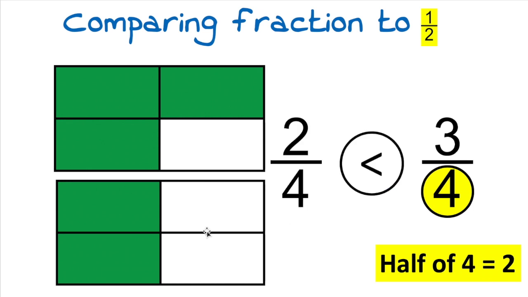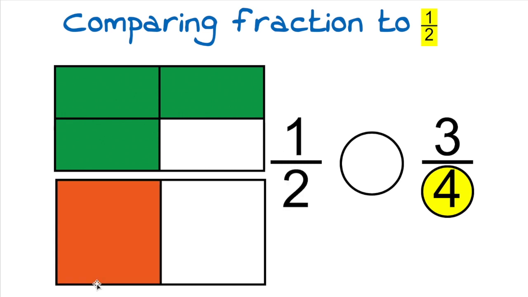Well, now I can see easily that 2/4 is less than 3/4, right? 3/4 has more colored in, 2/4 has less colored in. But again, my original question didn't ask about 2/4, it asked about half. But now I know that 2/4 is the same as 1/2, so I can just put my 1/2 back in there and know that 1/2 is also less than 3/4.